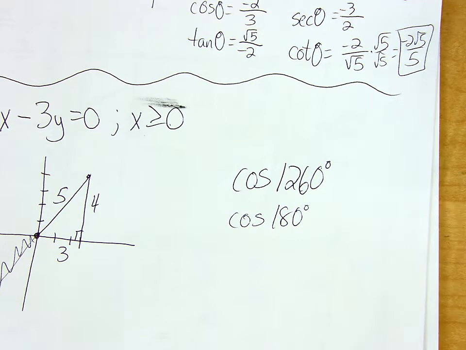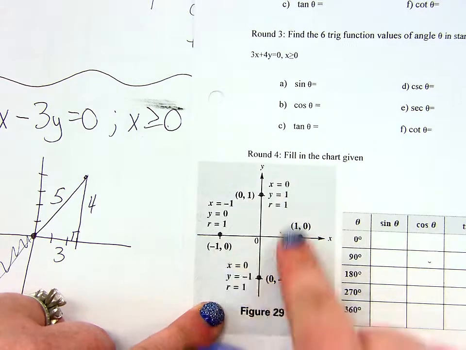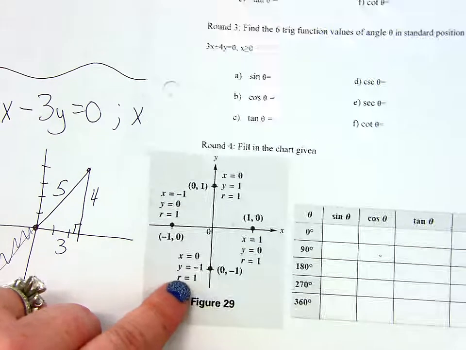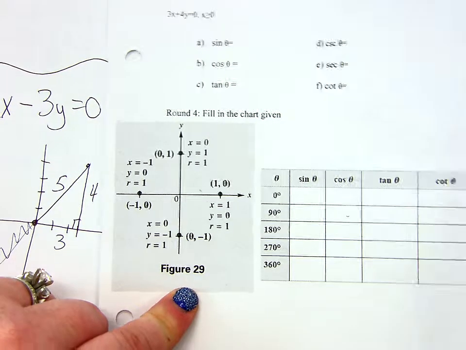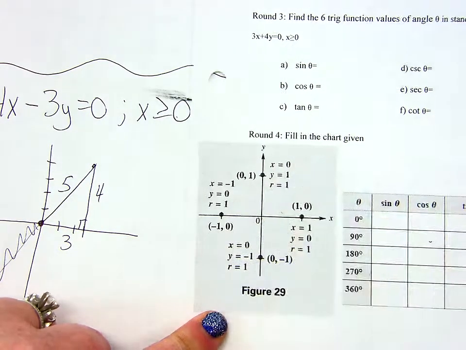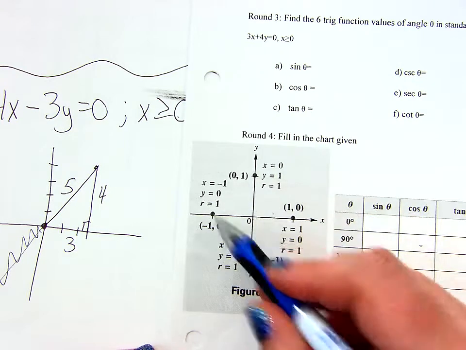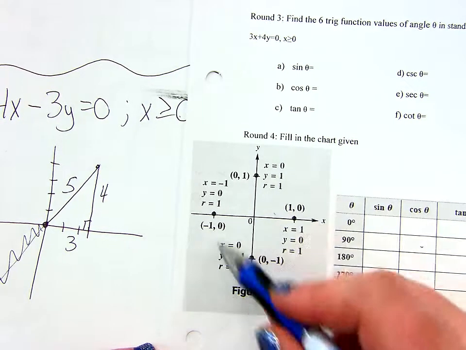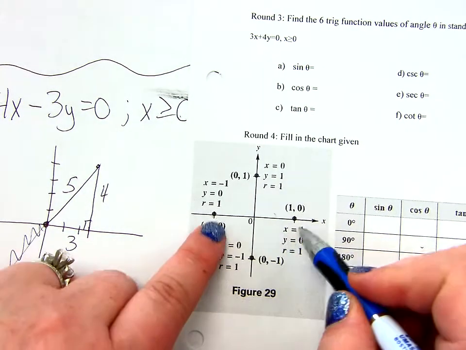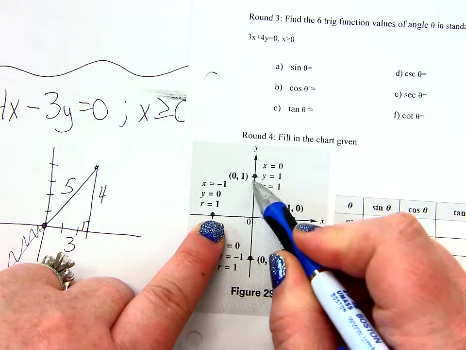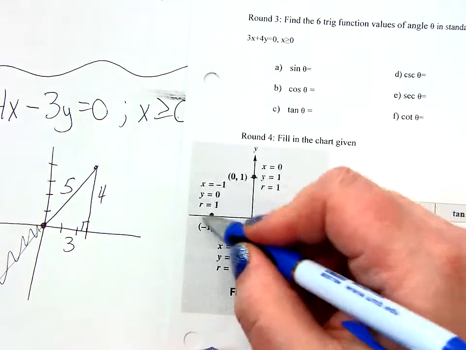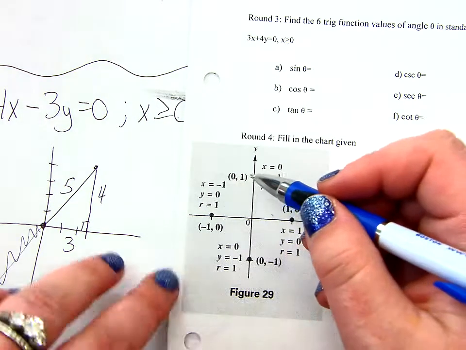It's a quadrantal angle. So I will give you at least this, okay? So let's say you don't have the chart filled in yet. All you have is this, right? So cosine of 180. So 180, where's 180 degrees? Yes, it's this one, right? This is 0. There's 90. There's 180. So I'm using these values, right?